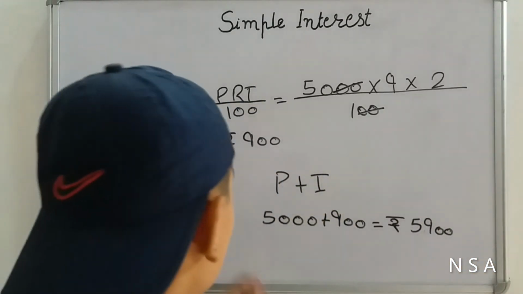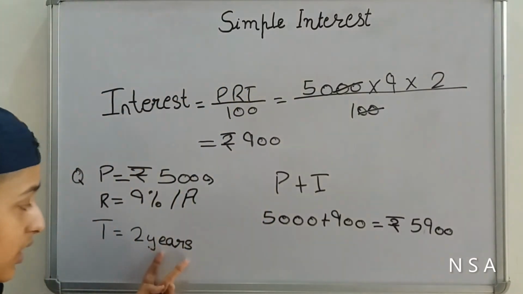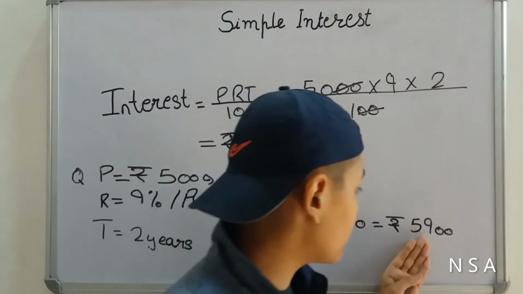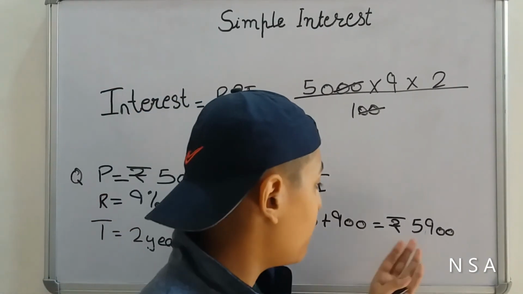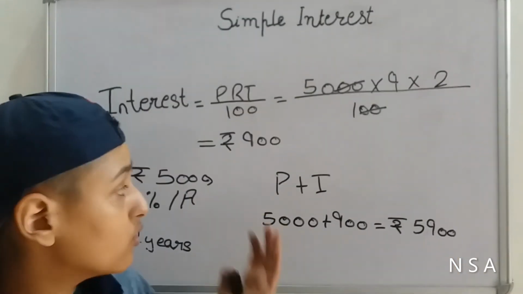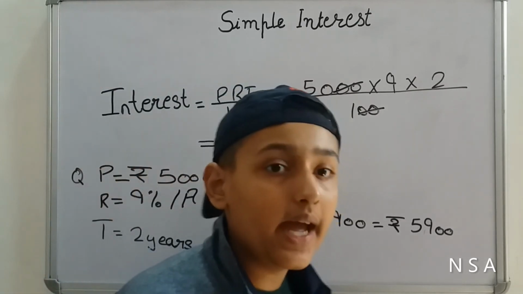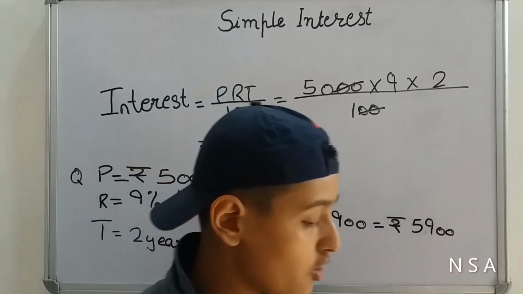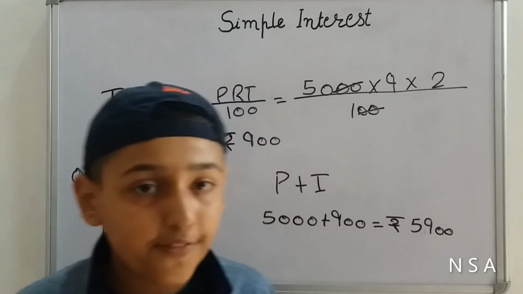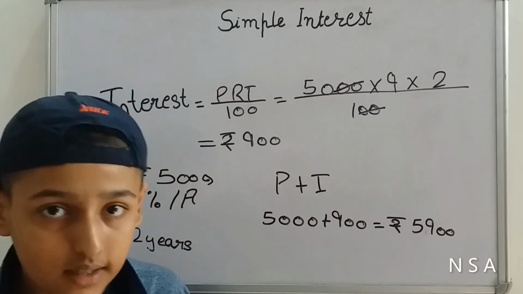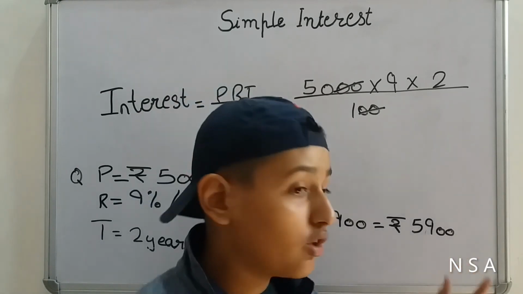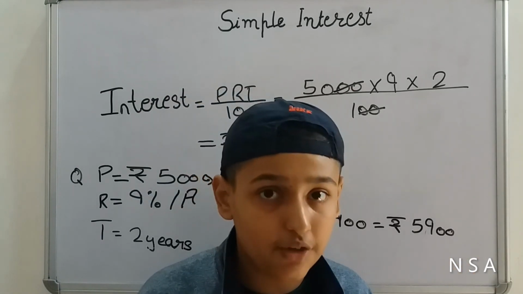It means after the 2 years I get 5,900 rupees back. I deposit 5,000 rupees in the bank and 900 rupees is our interest. After adding both values, the answer is 5,900. It means I got 900 rupees extra from the bank.